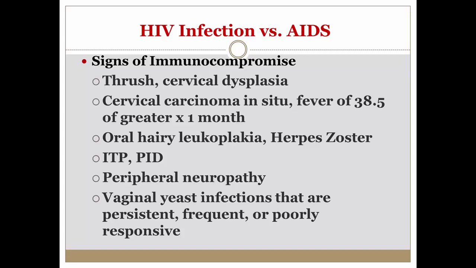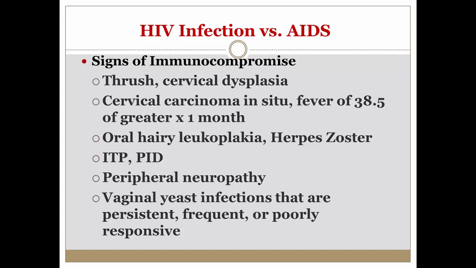Cervical cancer in situ, abnormal cells. Remember that in situ idea. Do they have a temperature of 38.5 for more than a month? Do they manifest oral hairy leukoplakia, which is a very characteristic oral sign?